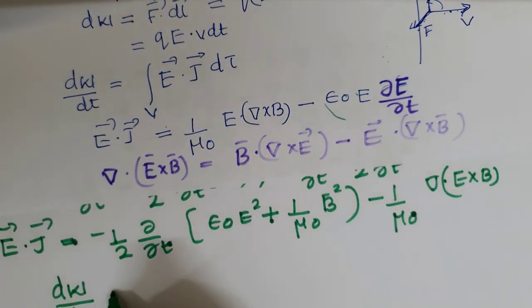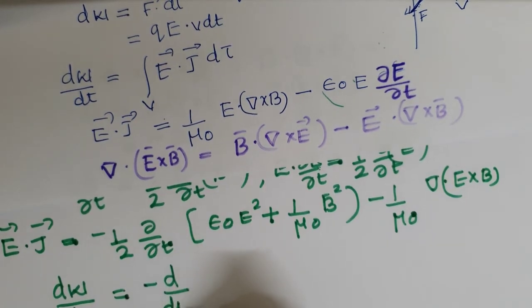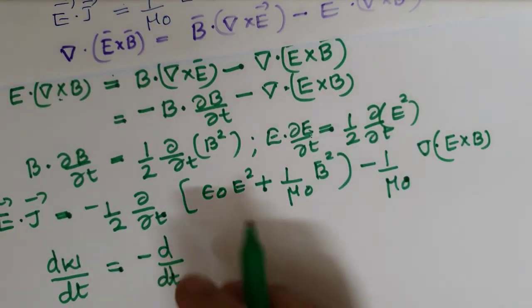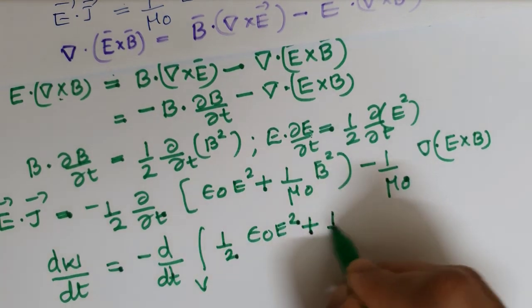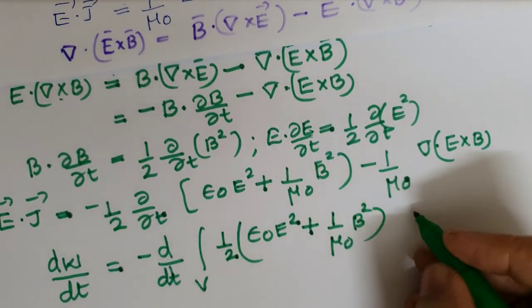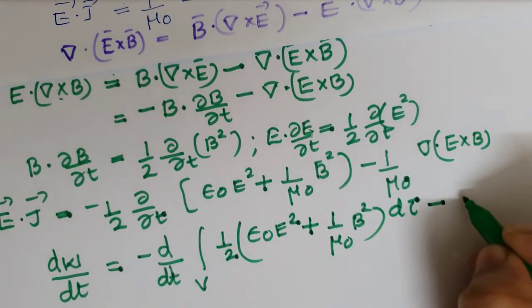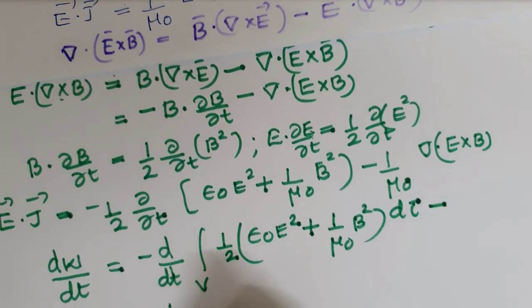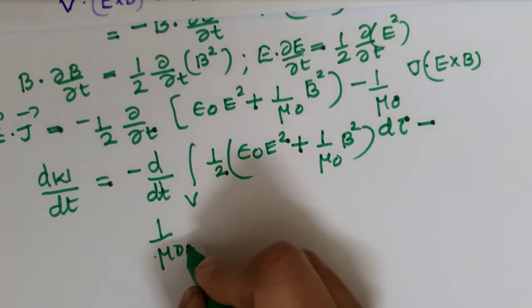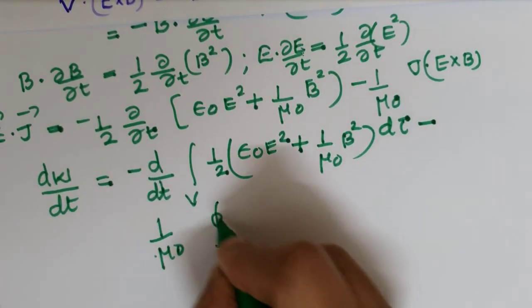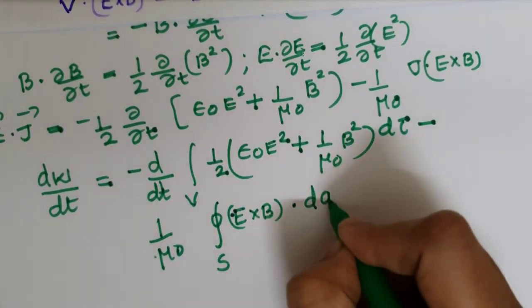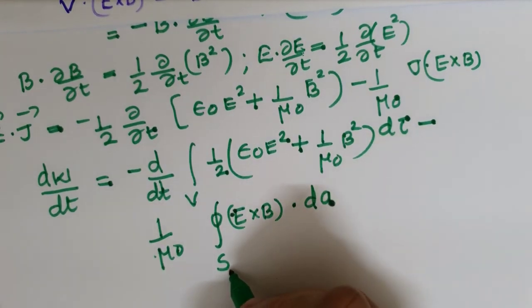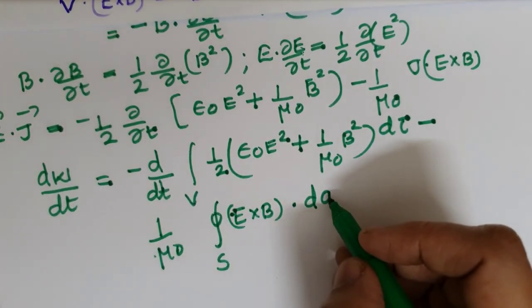Then the equation becomes dW by dt is equal to minus d by dt of the volume integral of half (epsilon 0 E square plus 1 by mu 0 B square) dτ, minus 1 by mu 0 times the surface integral of E cross B dot dA, where S is the surface bounding the volume and dA is the infinitesimally small surface element.